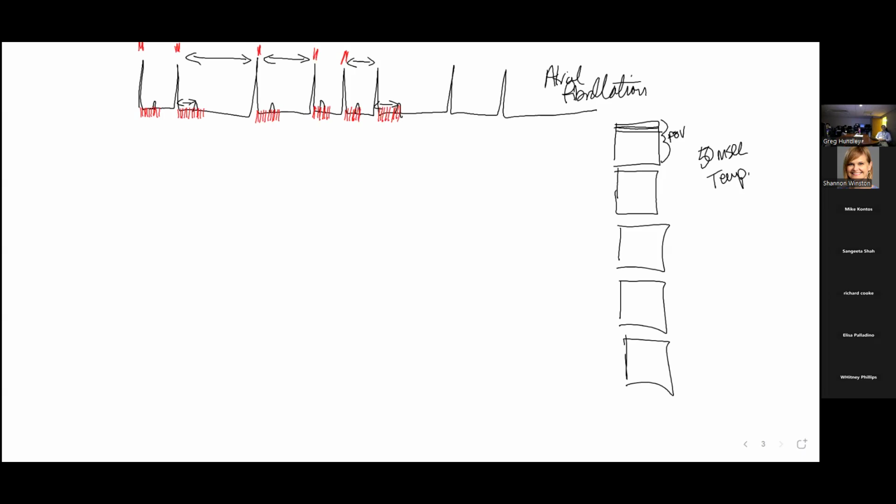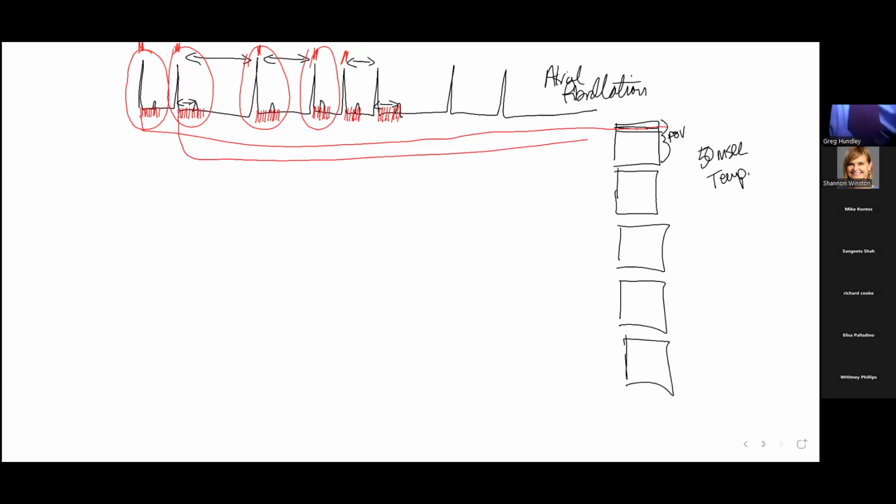And we acquire the information very consistently, but all those points in time are the same. And that's called prospective gating.